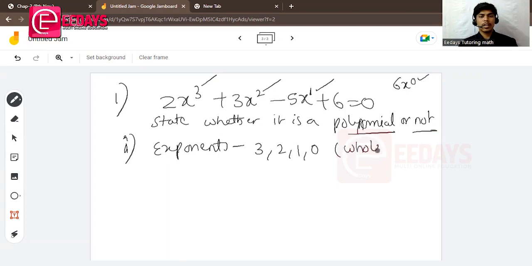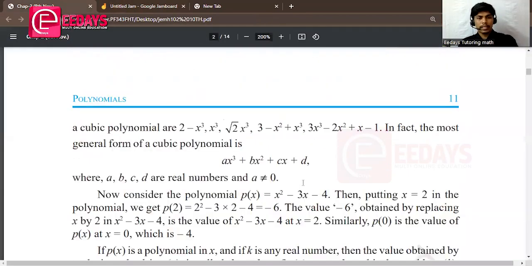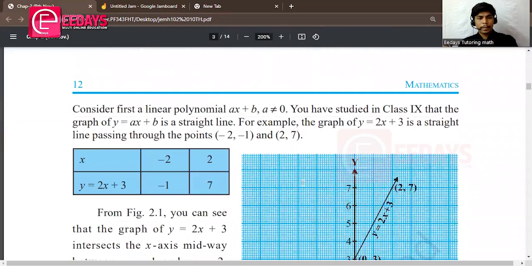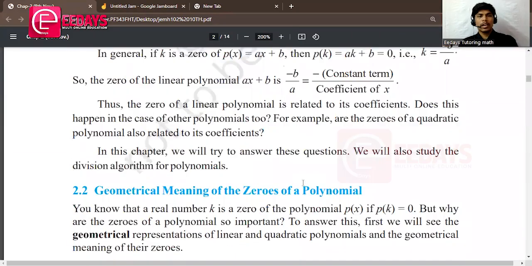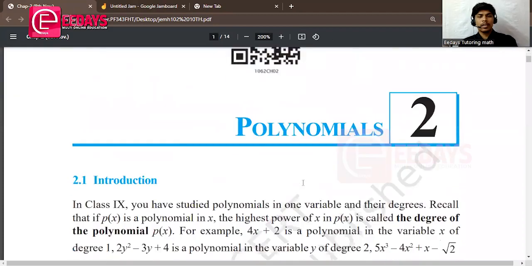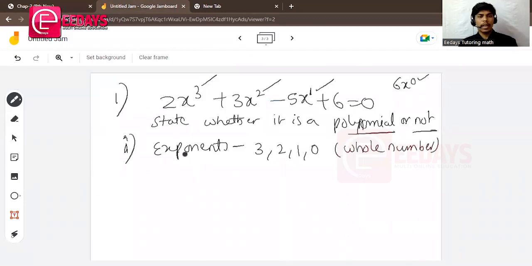Observe the numbers here. All are whole numbers. That's why we can confirm it is a polynomial. These are the conditions, and observe that the variable is x.